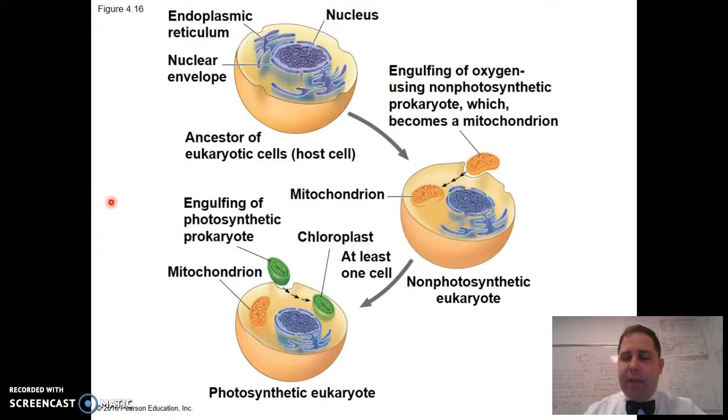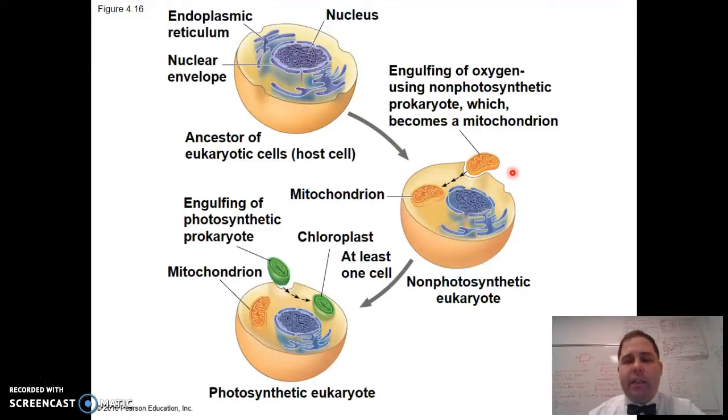So the interesting thing about the mitochondria and the chloroplast is that both of them are found inside of a double membrane. And so the prevailing theory about how these came to be is that the mitochondria and the chloroplast were once simple prokaryotic cells that were engulfed by a eukaryotic cell and created a symbiotic relationship where the prokaryotic cell was benefiting by being inside of a larger protective eukaryotic cell.